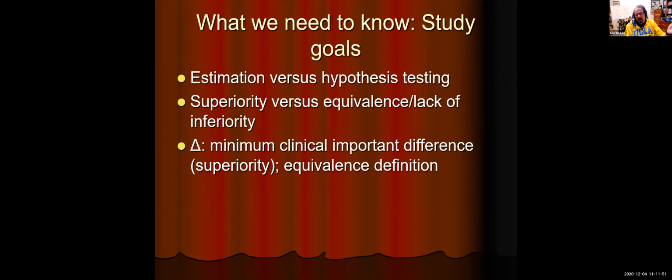Now, we also need to know what our goal is. Most of the studies I'm sure you're all interested in are what we call hypothesis testing. You say, okay, this particular intervention or this change in the way you're going to deal with the individuals who are part of your population, we think it's going to work. And that's a hypothesis, of course. But a lot of times, or on many occasions, we're interested in just estimating an effect.